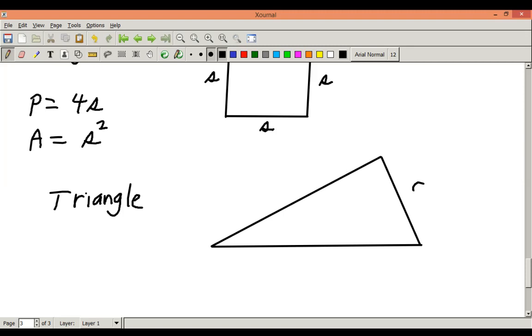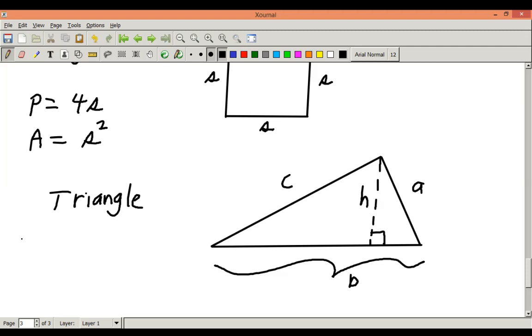We'll call that side A. We'll call this whole bottom side B. We'll call this side C. And I'm going to draw a height here. The height is not a side of the triangle, it's just how tall it is. And the height is always perpendicular to the base. So I'll call that H for height.